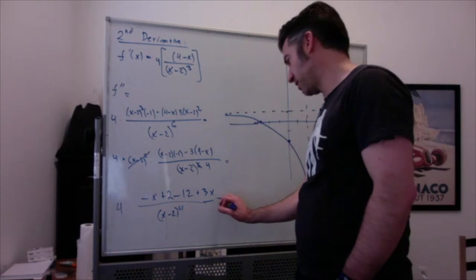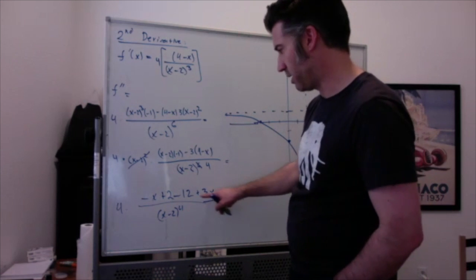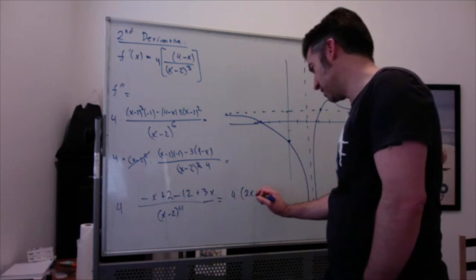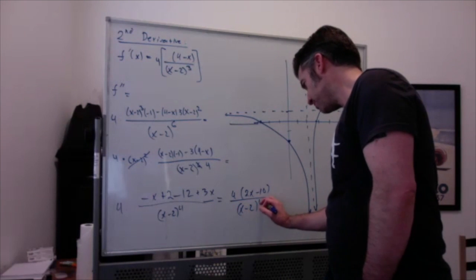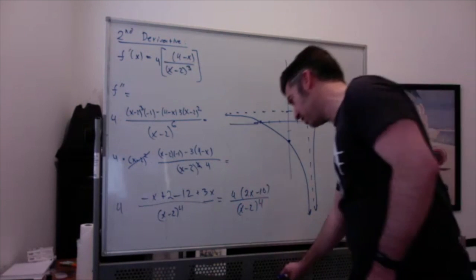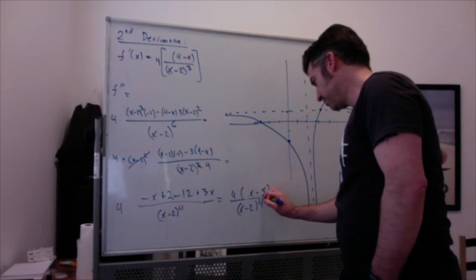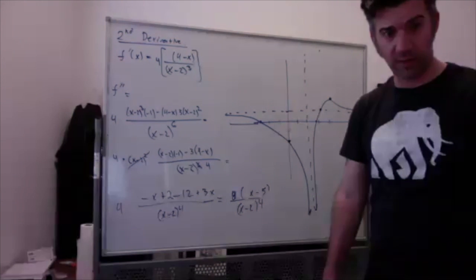Simplifying, I've got 4 times, 3x minus x is 2x, 2 minus 12 is negative 10. And I can factor out a 2 from there. So really I've got 8 times x minus 5, all over x minus 2 to the 4th.